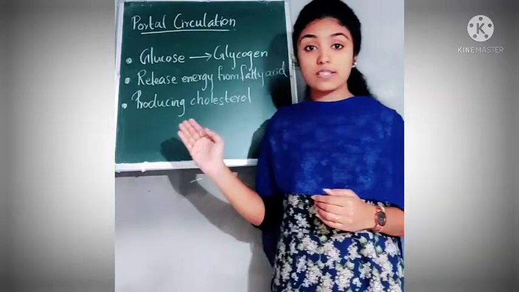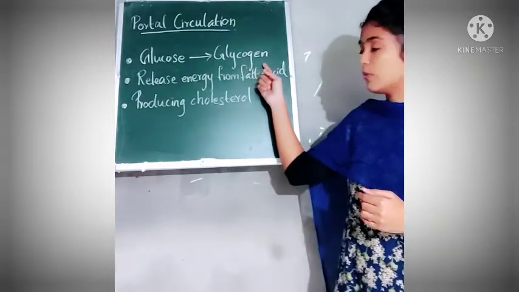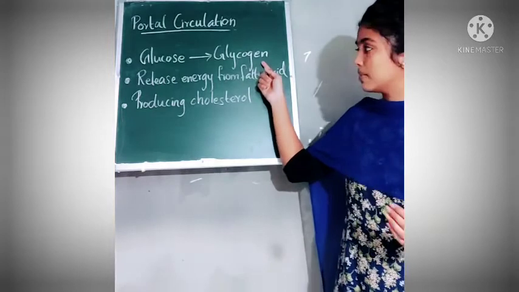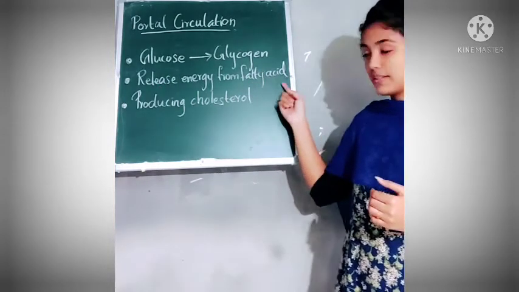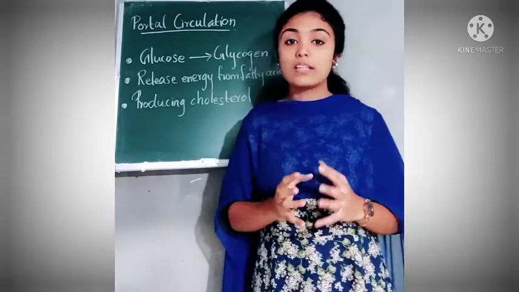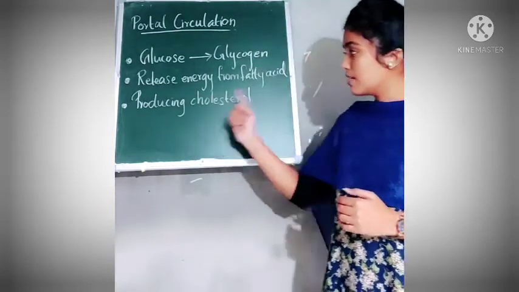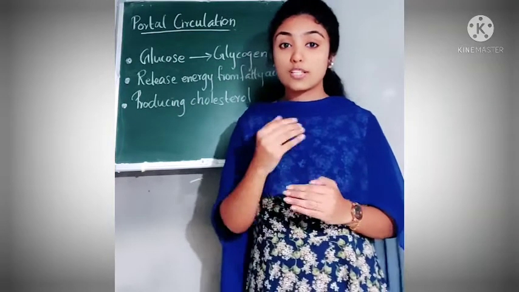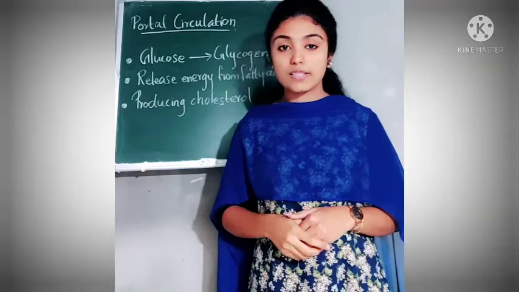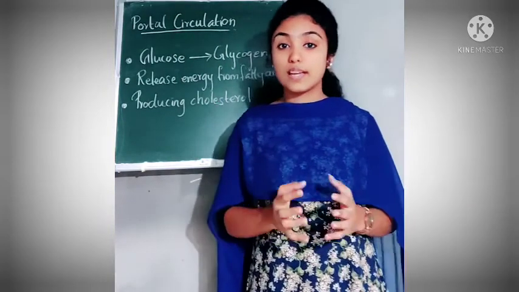The first change is that the excess glucose is stored in the form of glycogen in the liver. The second change is that energy is released from fatty acids in the liver. And the third change is the production of cholesterol in the liver. So these are the changes happening to simple nutrients inside the liver.